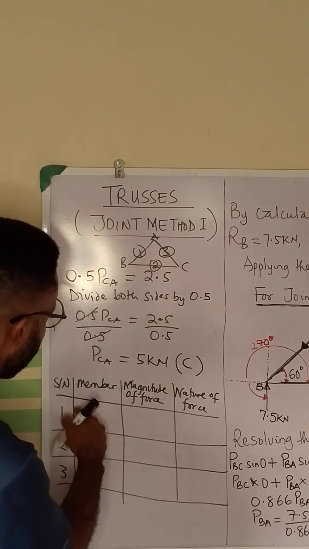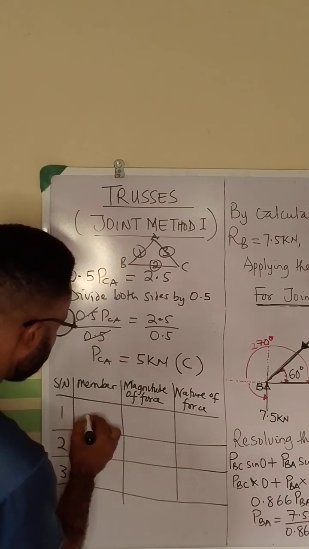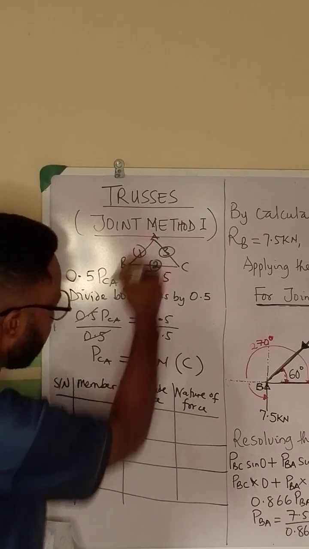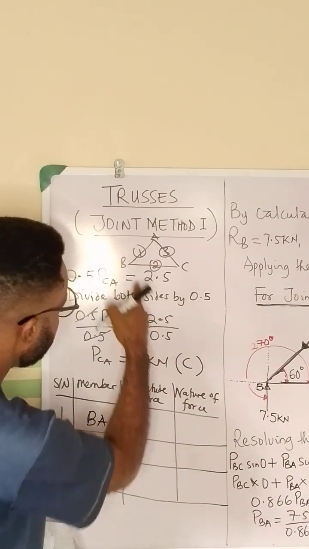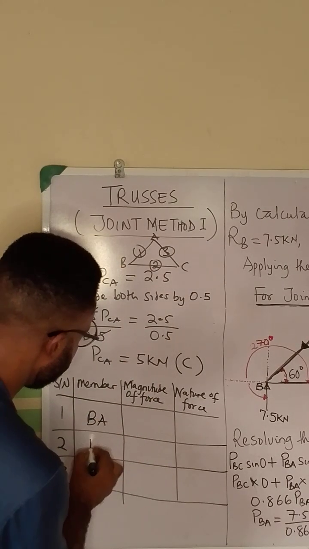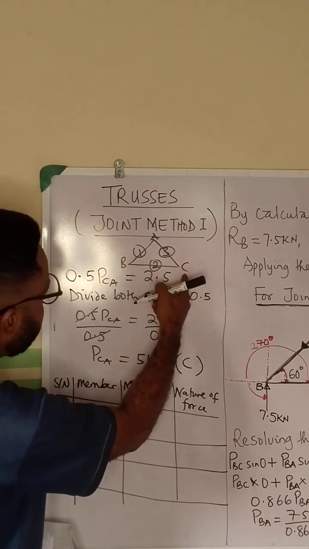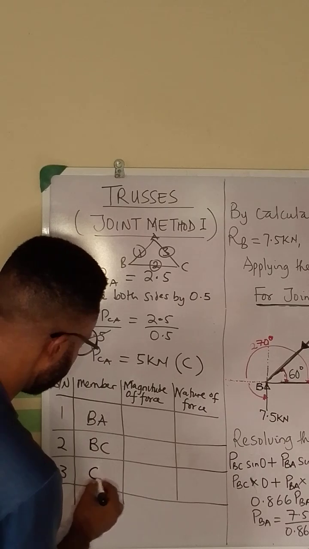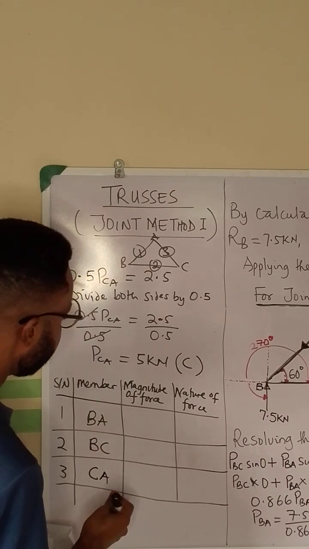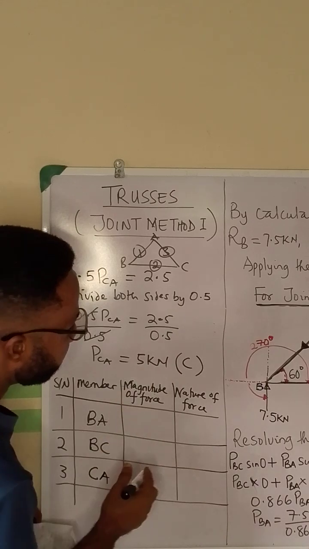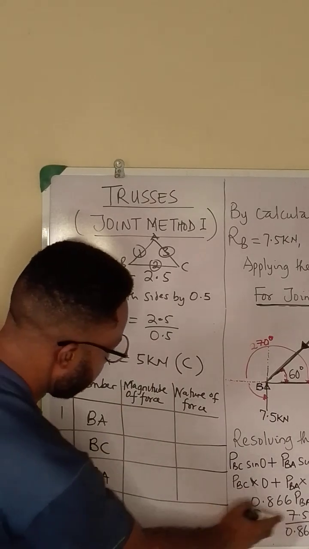Member 1 is BA, so we represent it using BA. Member 2 is BC, and member 3 is CA.